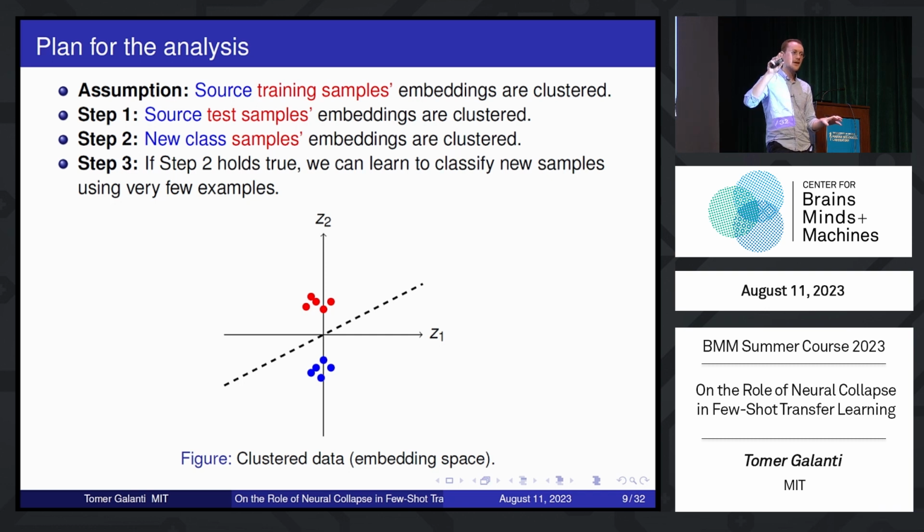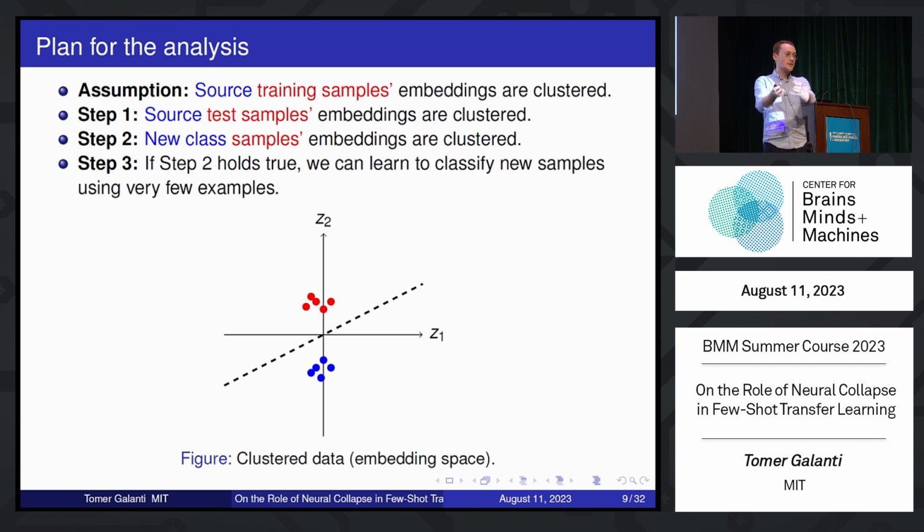Samples of cats are going to one location in space, and samples of dogs are going to a different location, and so on for each one of the source classes. The second step would be to say, if I trained on a large data set with many samples per class, then this clustering property should generalize to new samples.